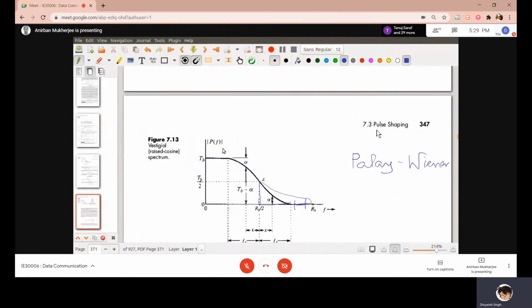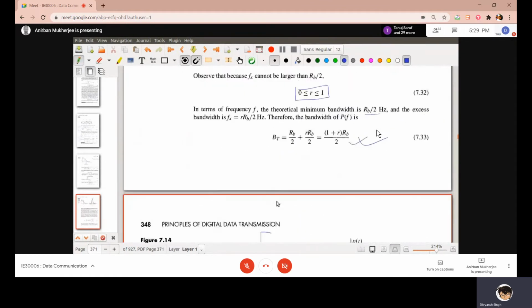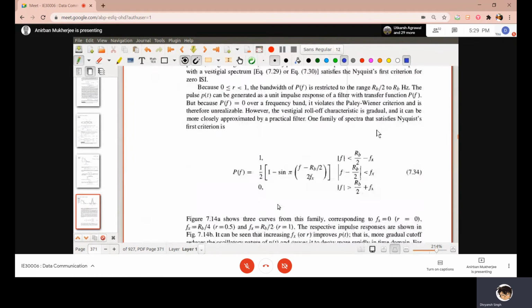I am choosing this side as 1, then this side as 0, and when mod F minus RB by 2 is less than fx, I am choosing something like this.